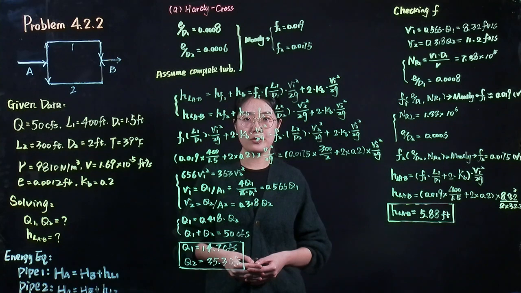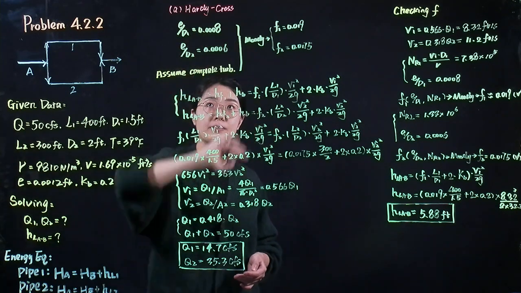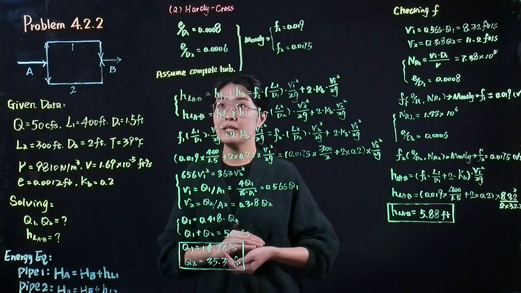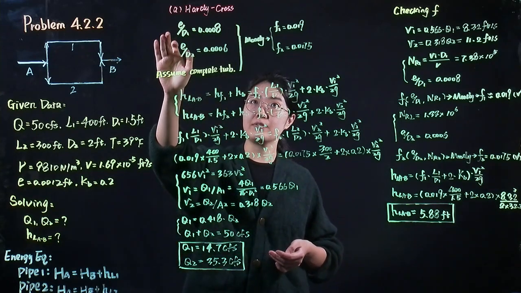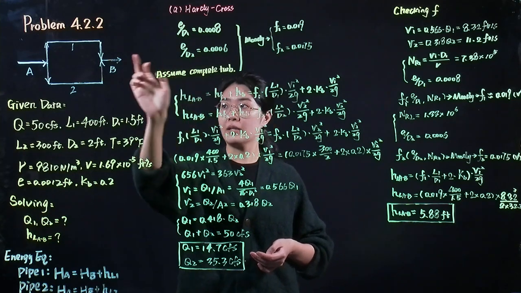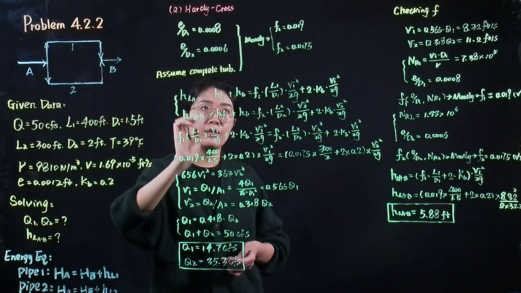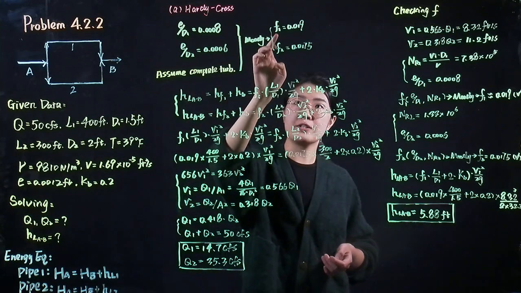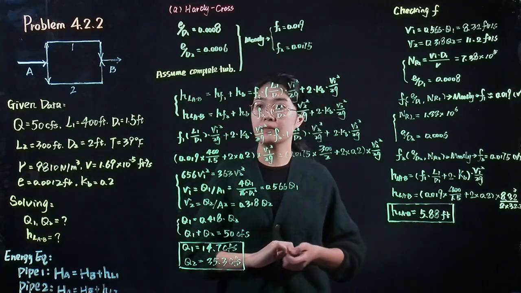Let's quickly go through the steps we did to solve this problem by using Hardy-Cross principles. Based on the given data, we can calculate the relative roughness, and we assume there is complete turbulence in these two pipes. Then we can read the friction factor in the Moody diagram.